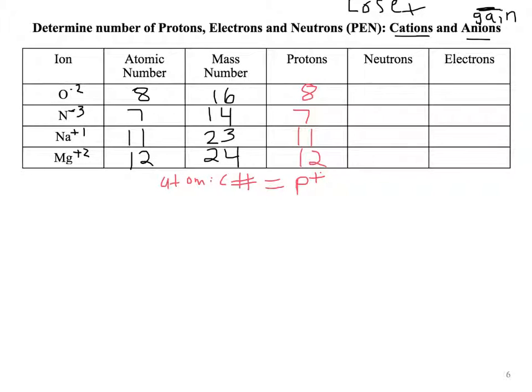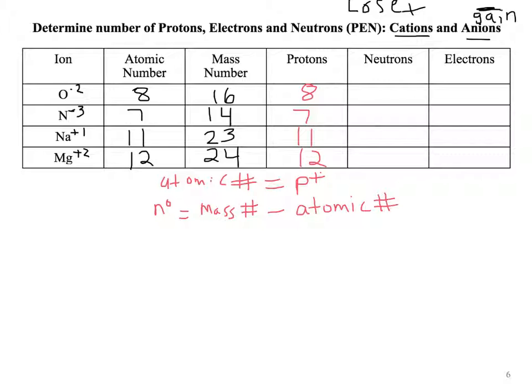Now our neutrons are going to be mass number minus atomic number. So our neutrons is equal to mass number minus atomic number. So let's do that.